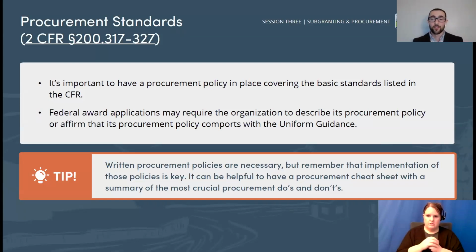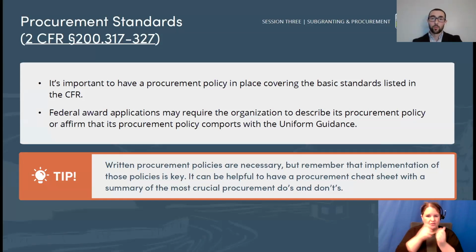Federal award applications might require your organization to describe the procurement policy that you have on file, or at least affirm that it comports with the uniform guidance. So you'll encounter one of those two questions in the federal award application. And it's worth remembering, we need written policies for procurement, but we also need to implement those policies. So we need procedures to go along with those.